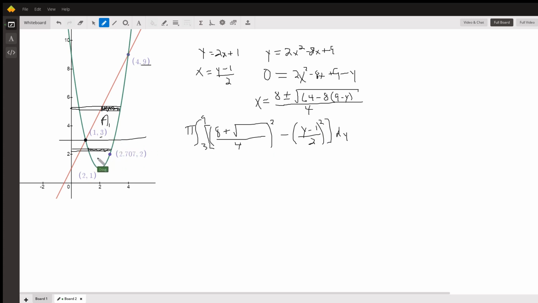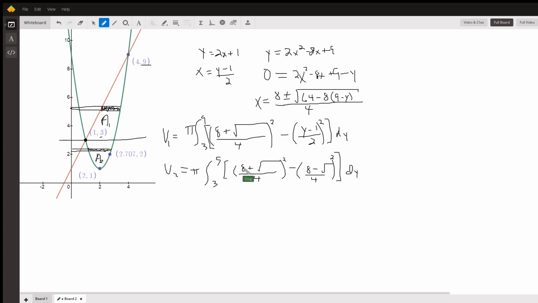there would be the formula for the volume you get by rotating region a sub 1. If I call this region or area a sub 2, and the volume v sub 1, v sub 2 would be pi times the definite integral from 3 to 9 of outer radius squared, which would be this 8 plus the square root all over 4, the quantity squared, minus the inner radius squared, 8 minus that square root all over 4, the quantity squared, dy.